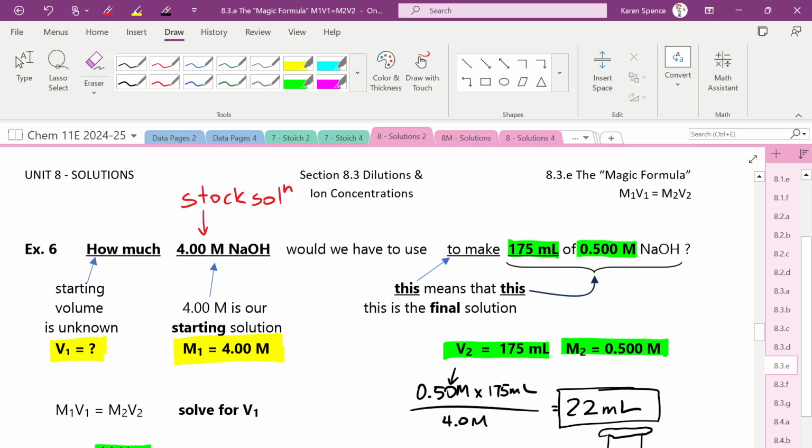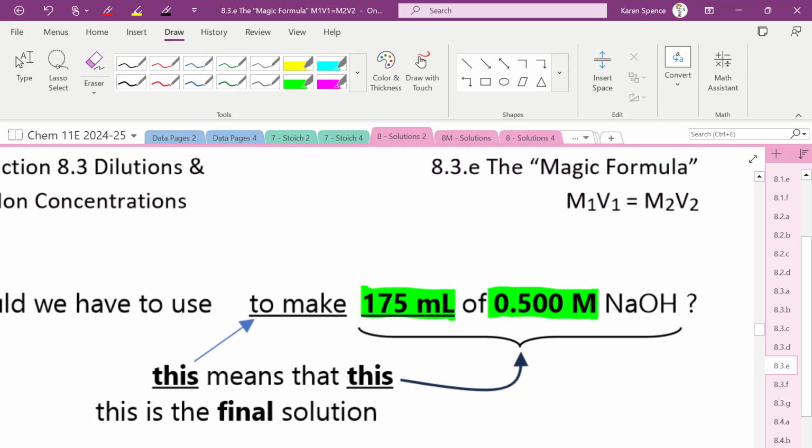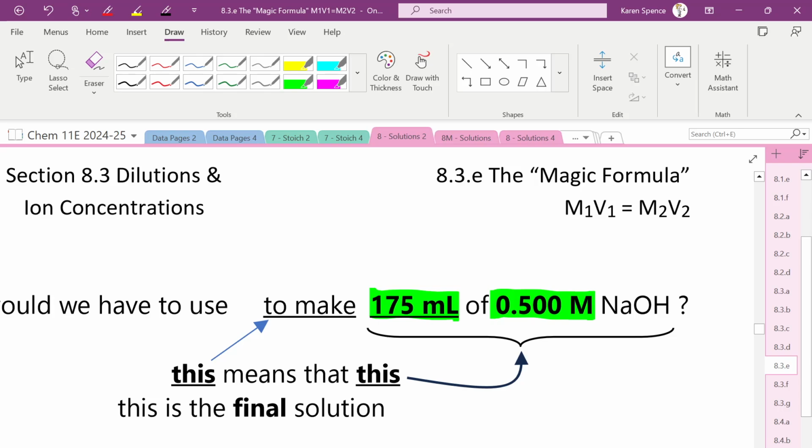I dilute it with water in here. Yes. In a volumetric flask, do you think it's likely I'm going to find a 175 milliliter volumetric flask? No. Your choices at this point would be to scrap that idea. I'm not making 175 milliliters. I'm going to make 200 milliliters because they make 200 milliliter volumetric flasks.